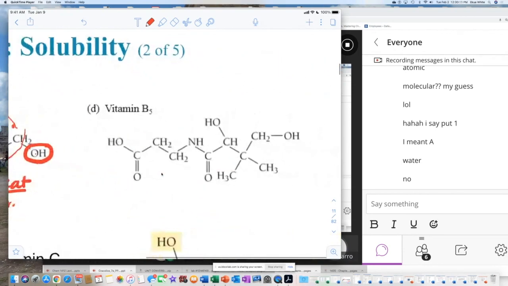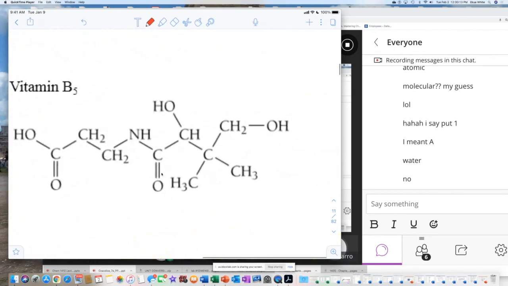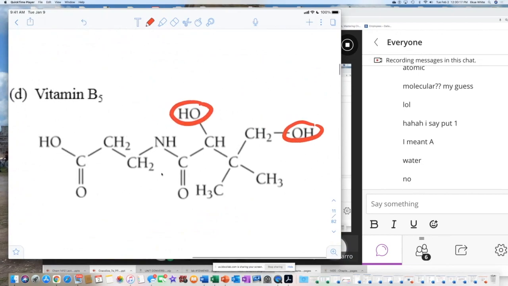What about vitamin B? Okay, so let's find the OHs first. We got 1, we got 2, we got 3. Okay, and if you want to, you can include this one here, 4, 5, and remember this one here also does hydrogen bond, 6. Okay, so all of these can help to form that solution.